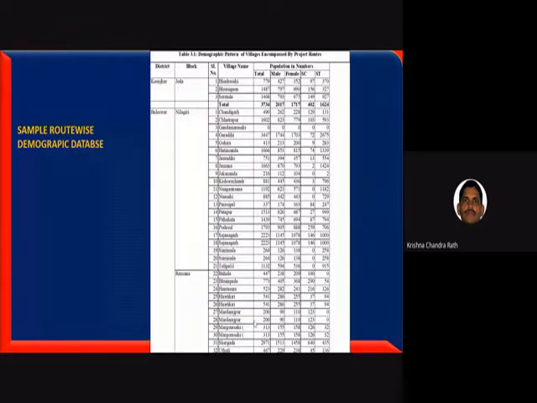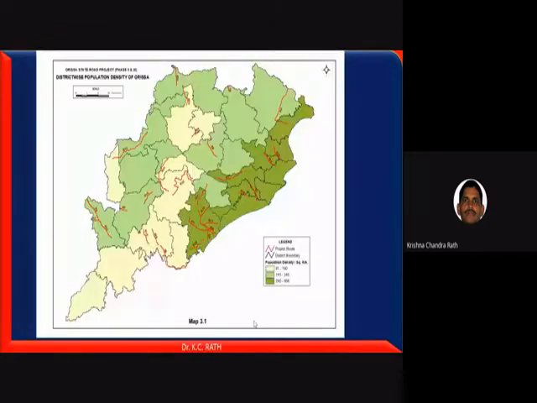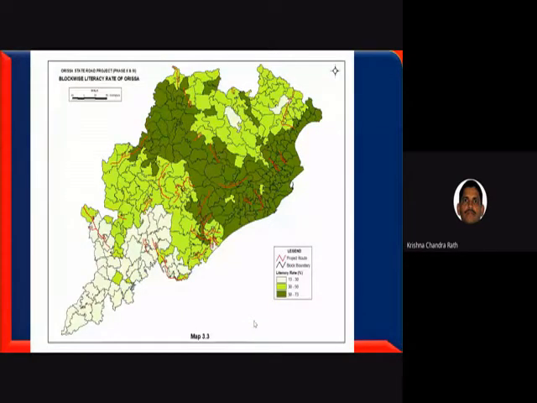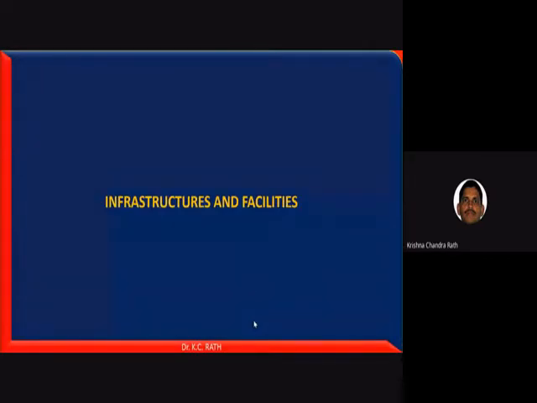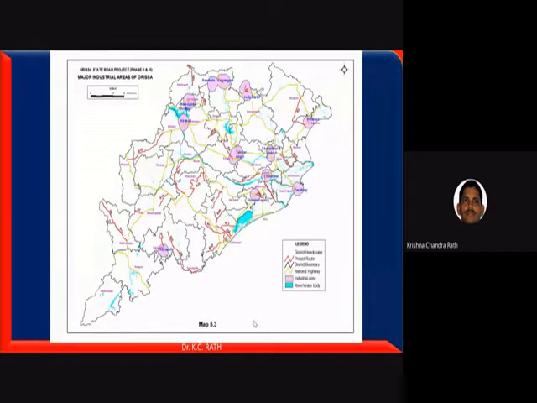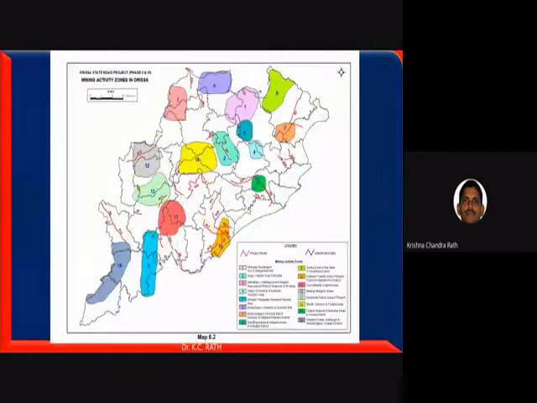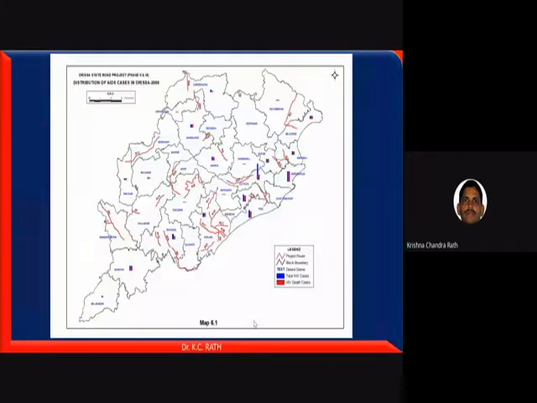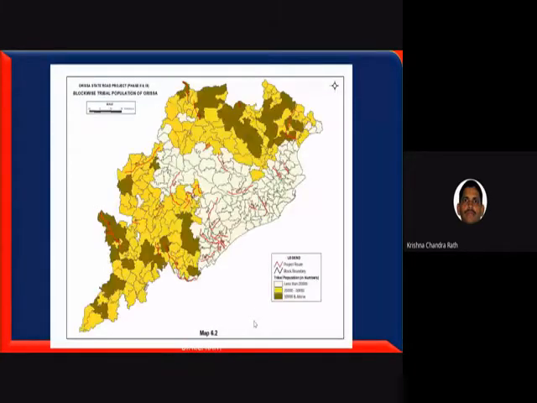Then the demographic database: population, literacy, then infrastructure, we have tourist places, industrial areas, mining activities, female families below poverty line, tribal population.